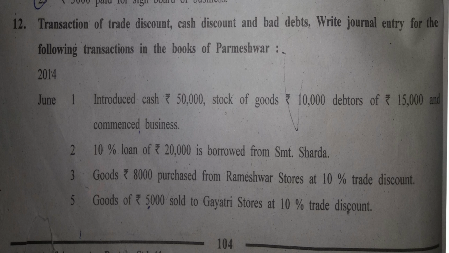So the very first thing that you will do is you will prepare a format. And then, before filling the column of date, you will write down the heading, journal entries in the books of Parmeshwar. Or else you can write journal book of Parmeshwar. This is the heading that you will give.